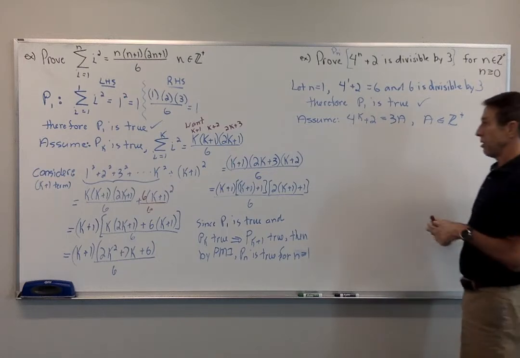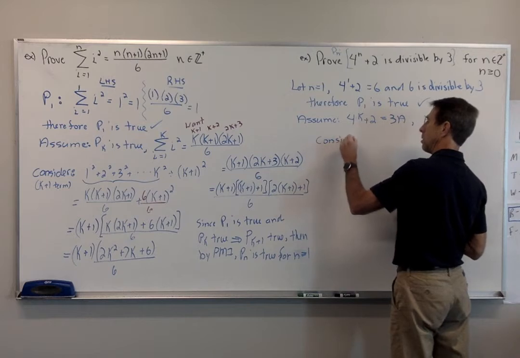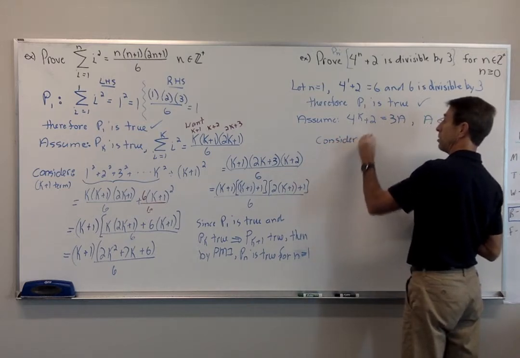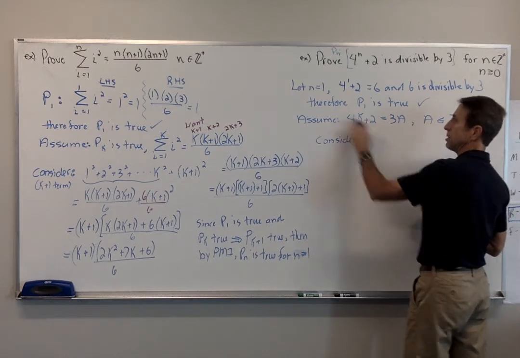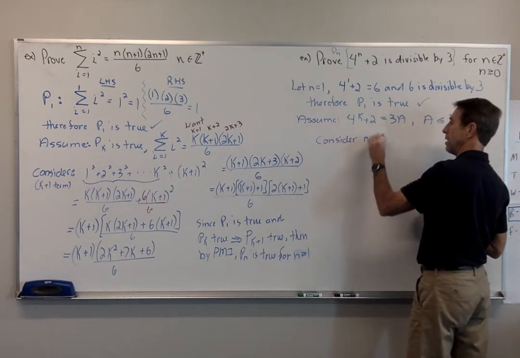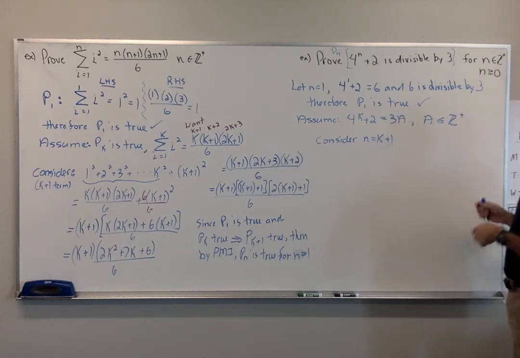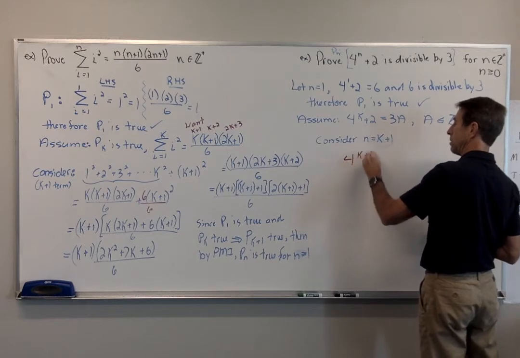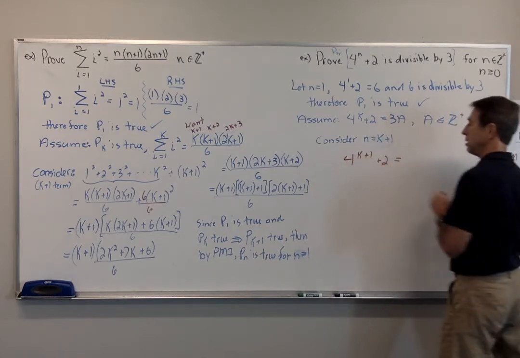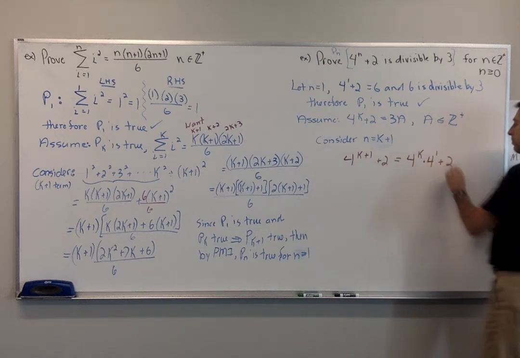And let's consider the k plus 1 term. I'm going to write it differently. Since I started with n, I'm going to say consider n equals k plus 1. So here's what I have. 4 to the k plus 1 plus 2 equals 4 to the k times 4 to the first plus 2.